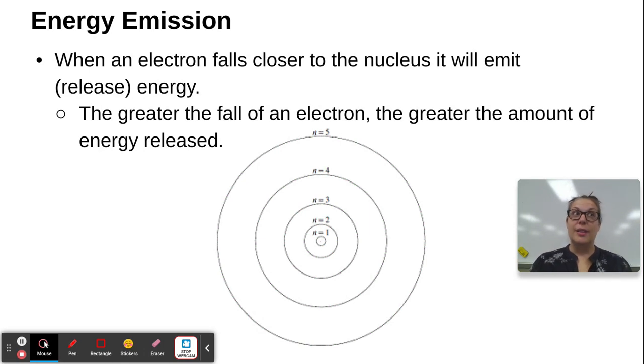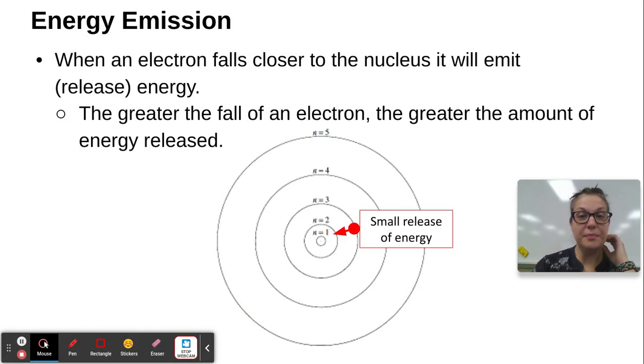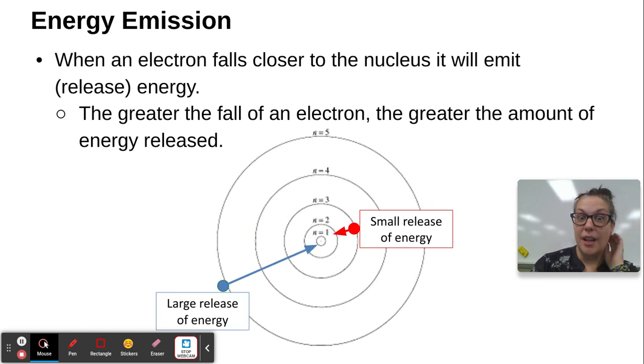So, lots of energy, big jump. Lots of energy being released, big fall. If you have a small fall, a little bit of energy is being released. If you have a very large fall, a large amount of energy is going to be released.